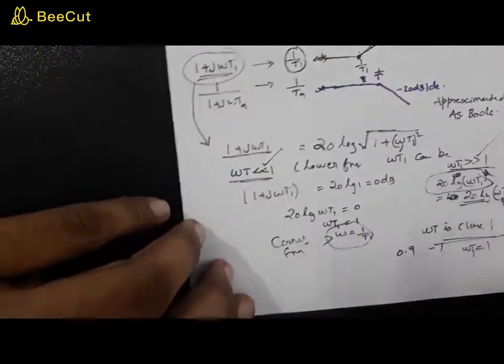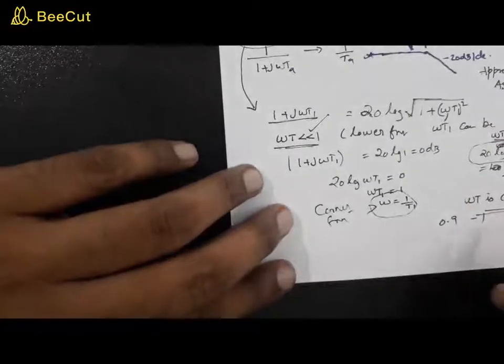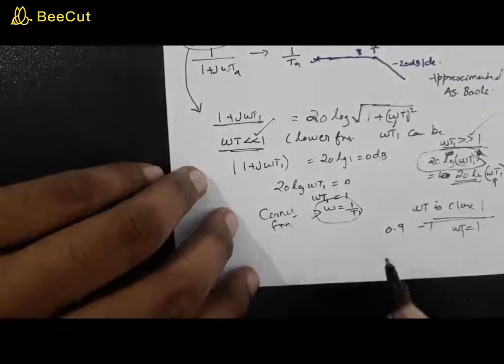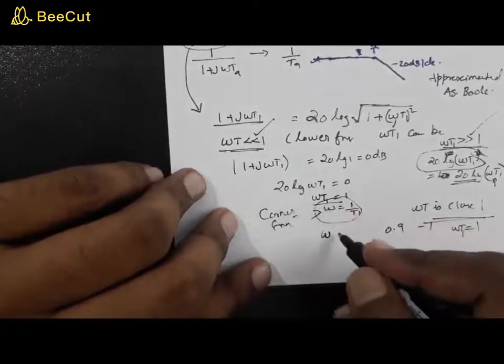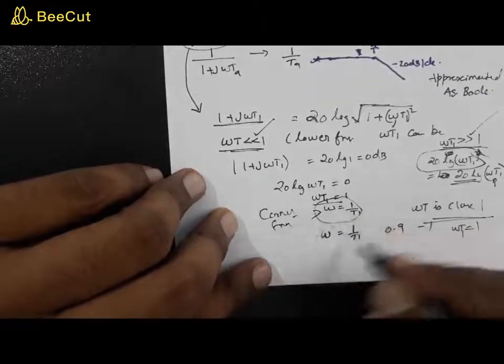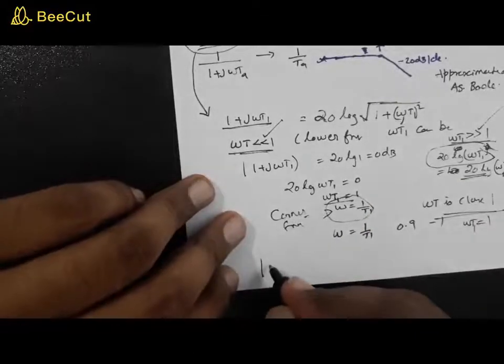Now why I have discarded that, I will give you an example. Suppose omega t1 becomes equal to 1, that is at the corner frequency. Omega t1 equal to 1 means omega is equal to 1 by t1. What will be the magnitude of that?